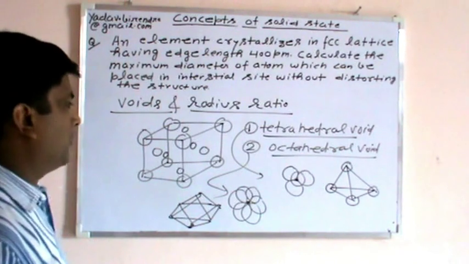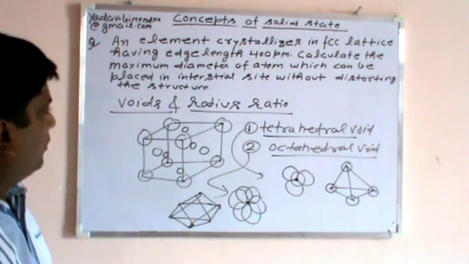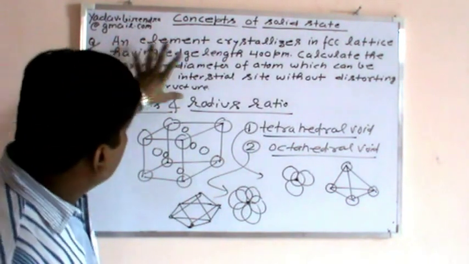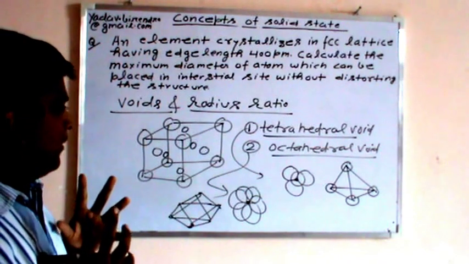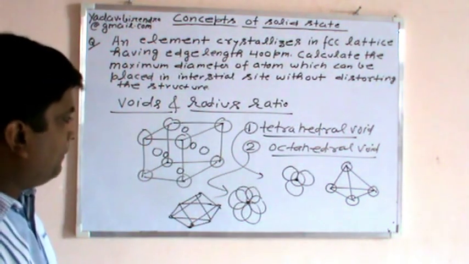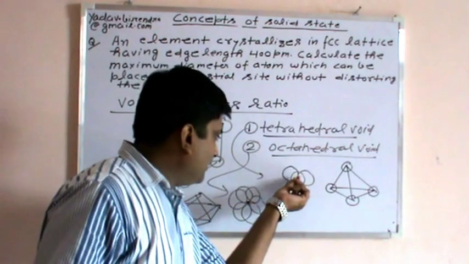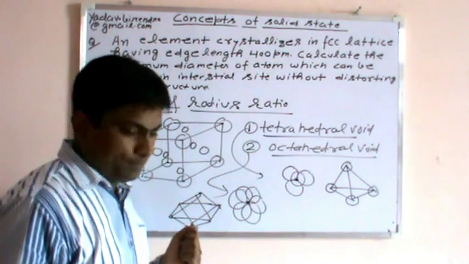That is why the void is called as octahedral void. Now to deal with these types of questions, we need to know the size of the atom which can be placed inside this tetrahedral void or octahedral void.